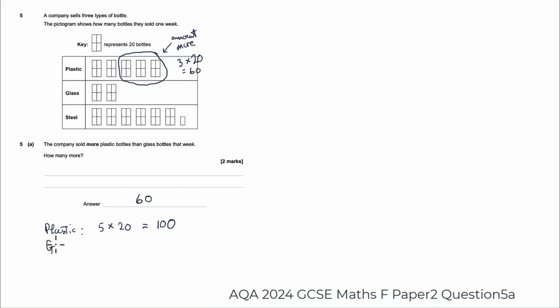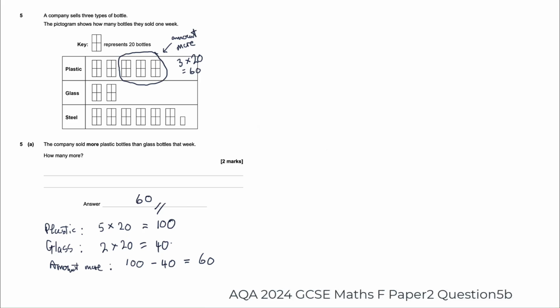So glass, 2 lots of 20. Well, that would be 40. So the amount more that we're after would be 100 minus 40. And again, that'll give you your 60.